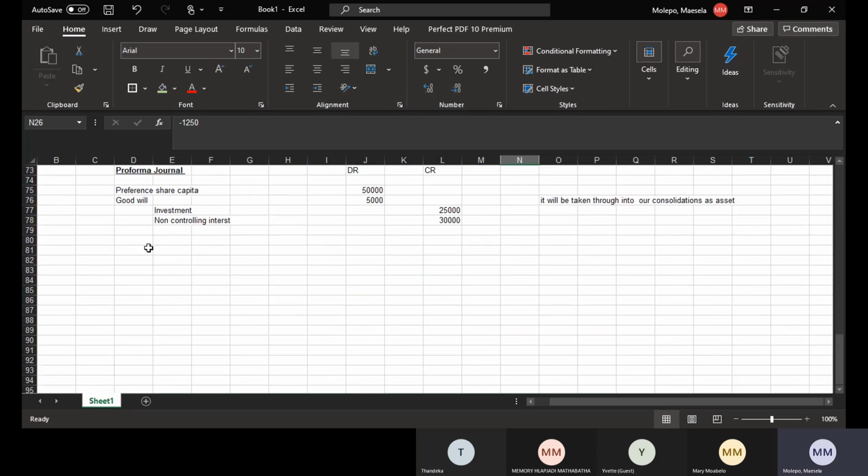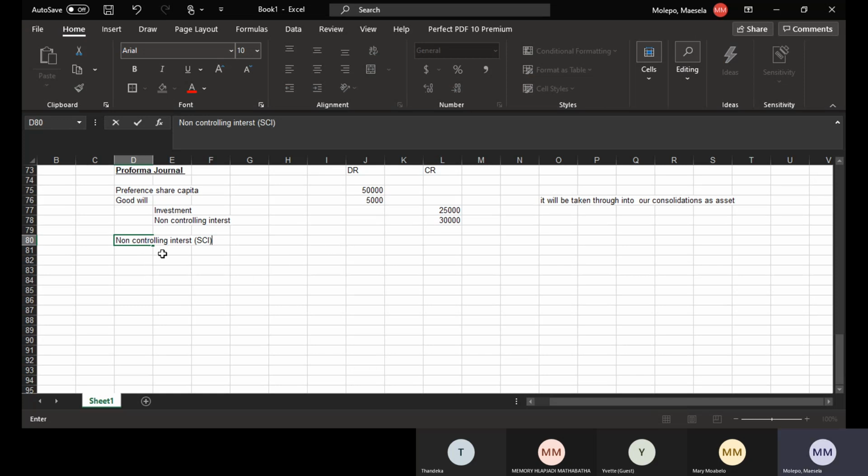So in our journal, we're going to have NCI first, which will be the one for the statement of changes in equity, the SCE. When you're doing the statement of changes in equity, that NCI will be this one on the debit.